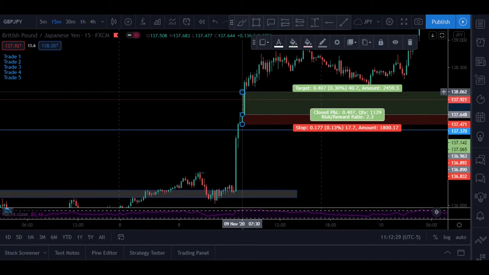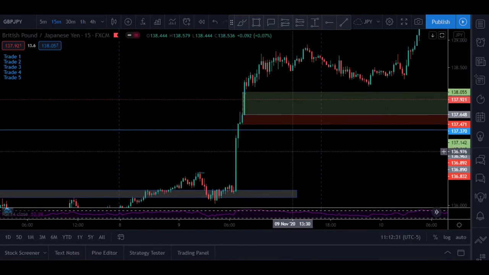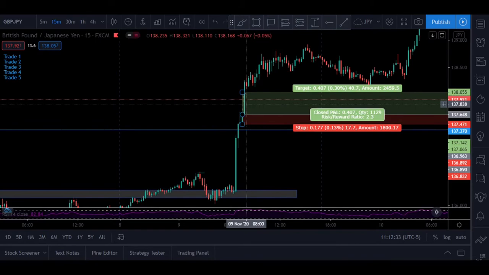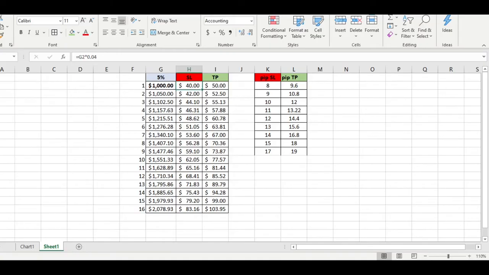So let's say it was 2-to-1, so you would have actually made double that amount. You started with 1,000, but this trade was 2-to-1, so you made double what you risked when taking profit.